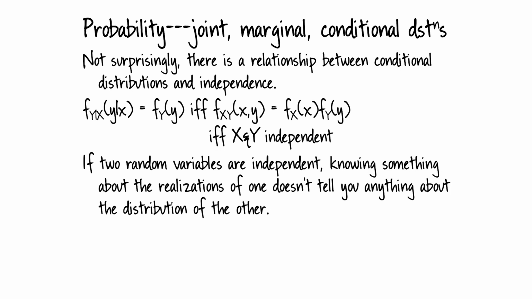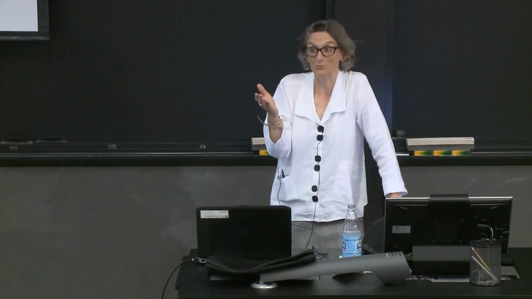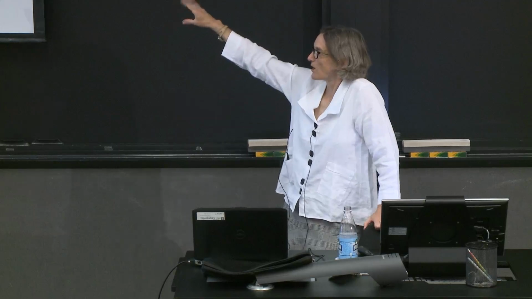Well, if you're told x is equal to 2 and x and y are independent, then that's actually not relevant. The fact that x is equal to 2 isn't relevant information for the distribution of y. Okay? So that's basically what this relationship says.